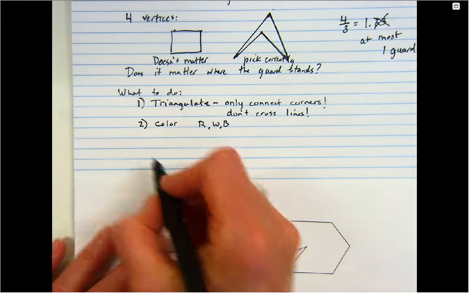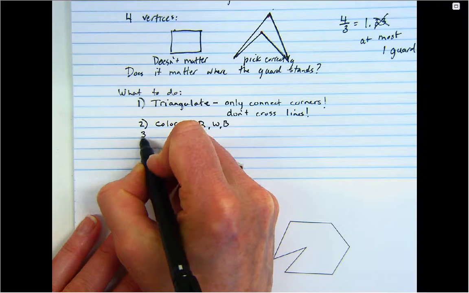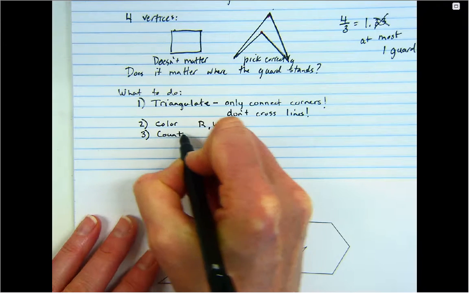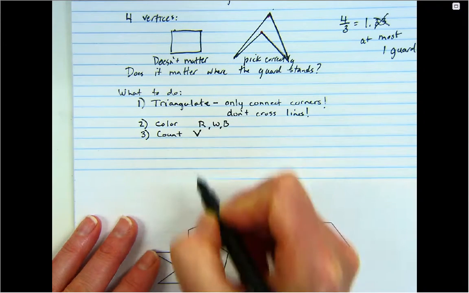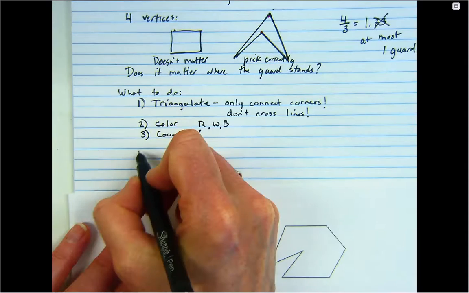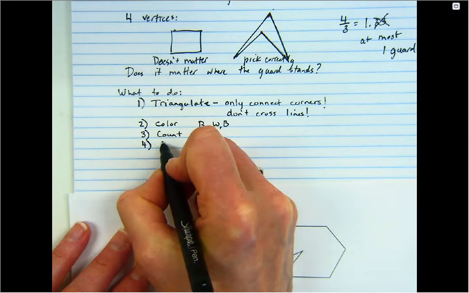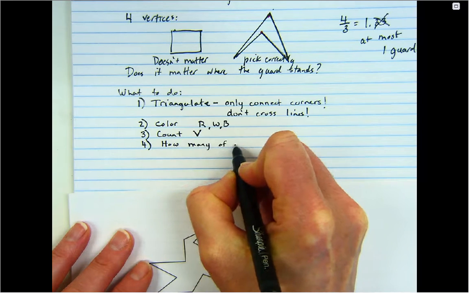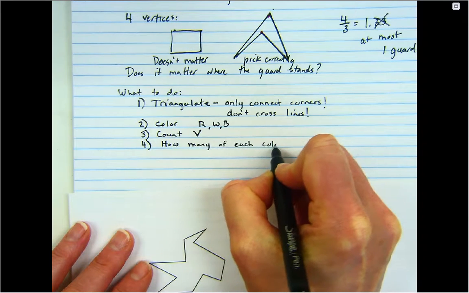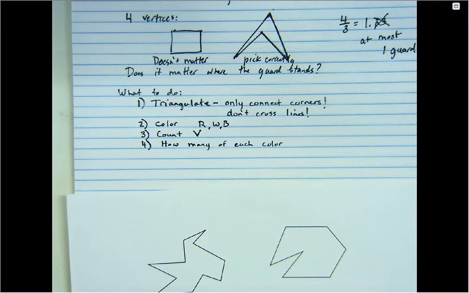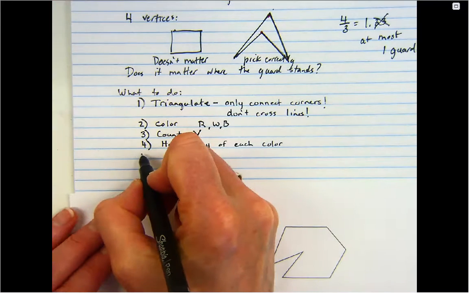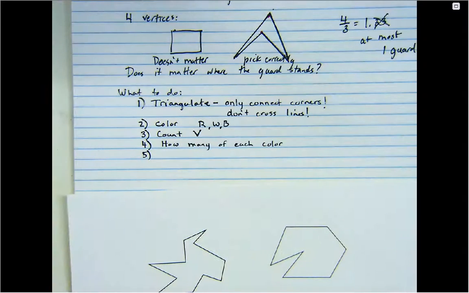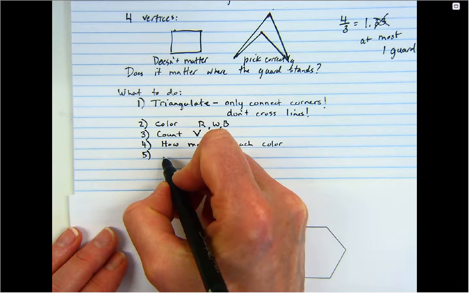And then we're going to count the vertices and list how many are of each color. Once you've done that, you can find out the color that you use the least, and that's the number of cameras you need, or security guards.